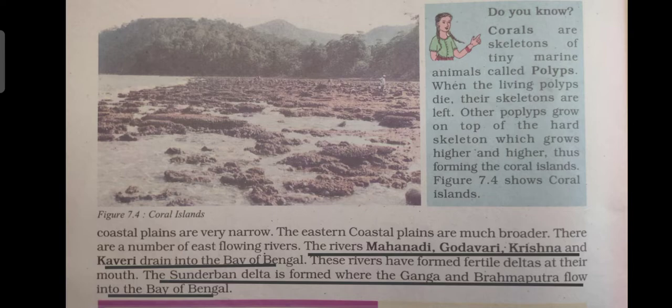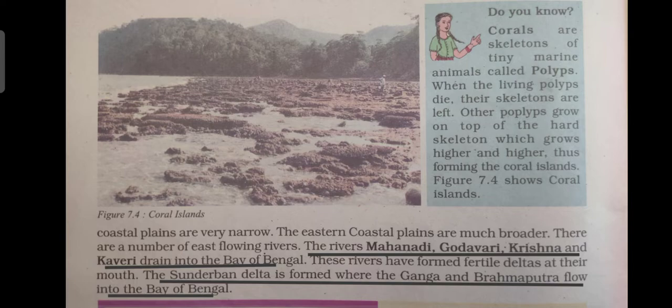And children, all the rivers which I have mentioned till now, like Mahanadi, Godavari, Krishna and Kaveri, all these form fertile deltas at the mouth of the river. And lastly children, Sundarban Delta, which is the largest delta in the world, is formed by the river Ganga and Brahmaputra as they flow into the Bay of Bengal.